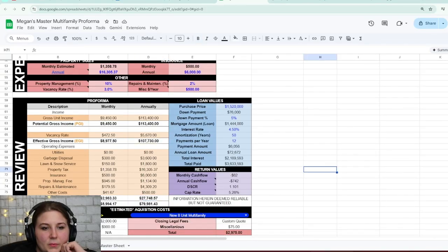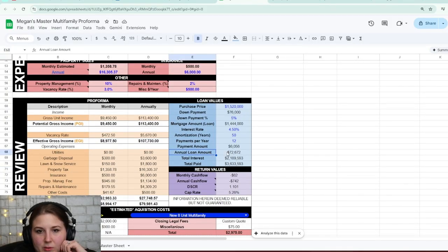Here we go. Okay, so your NOI annually, we'll call that 80 grand. That's pretty close to 80 grand clean. And your annual loan amount, 72. That's why you're able to see the profit on the annual.